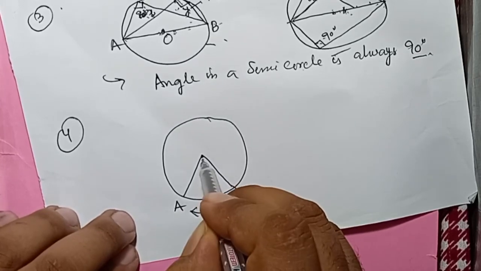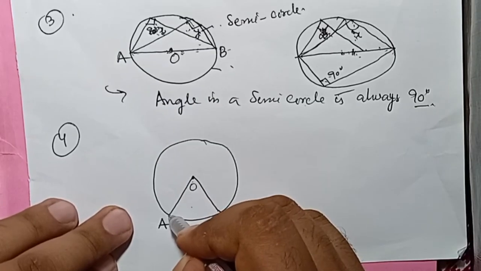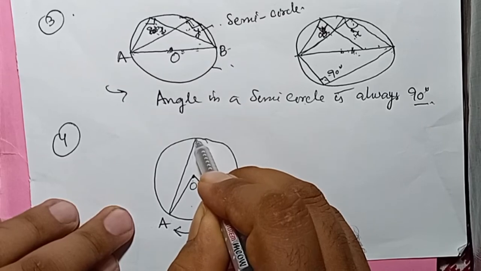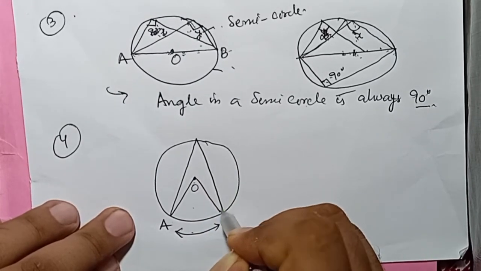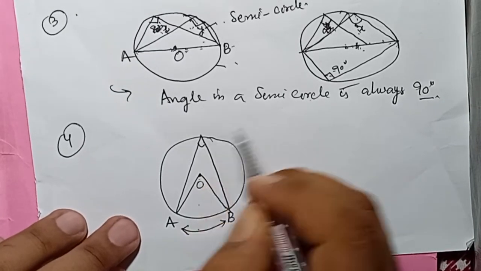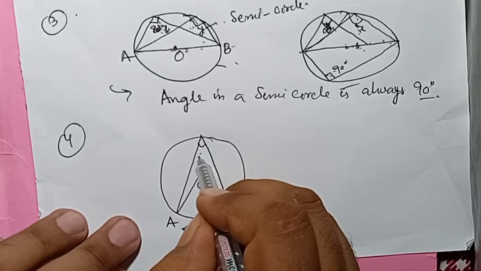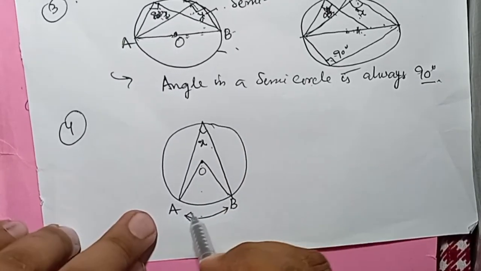So the angle is subtended at the center of the circle. If the same arc subtends another angle at some point on the circumference, let it be x.